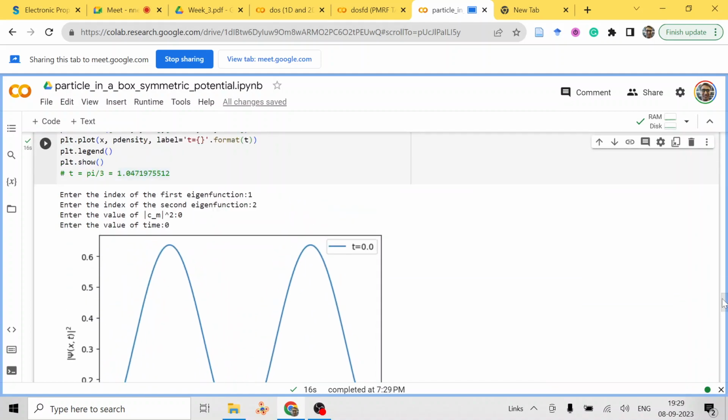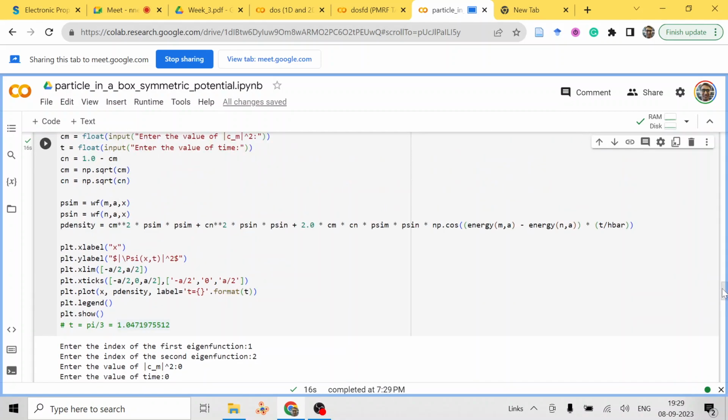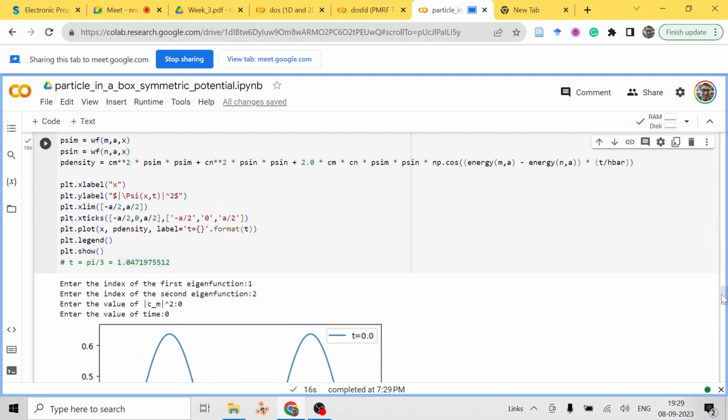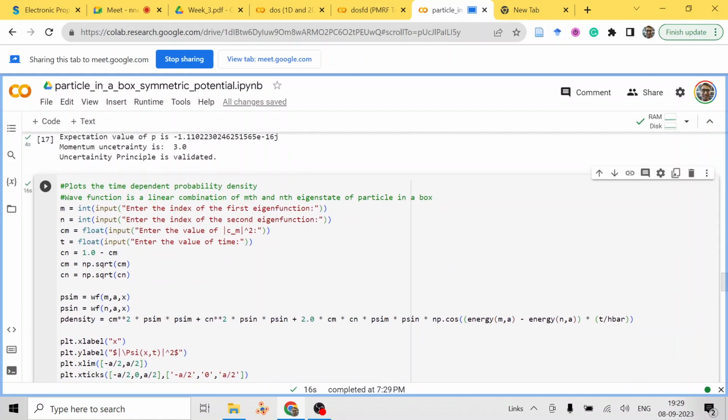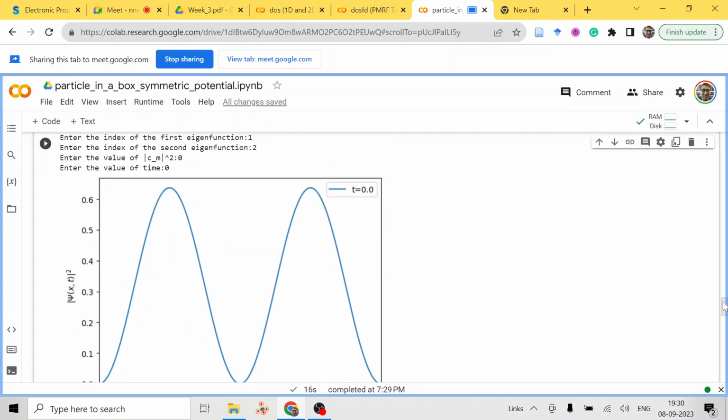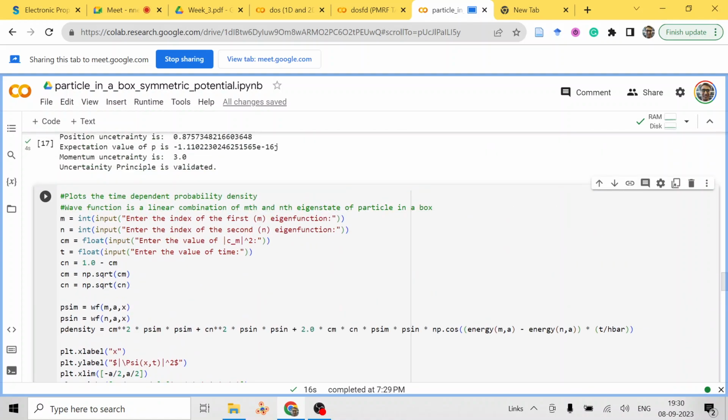This is for the case where the first eigenstate is m. Let me just say this is m, and this is m. My first eigenstate I have taken to be 0, so the probability distribution is coming just like the eigenstate when n equals 2. That's why it is coming like this.